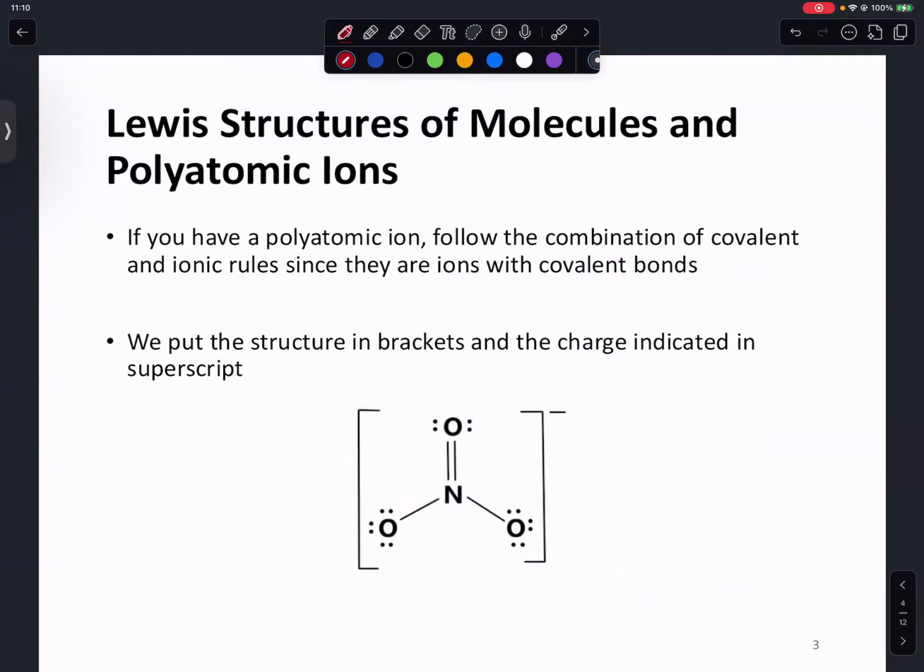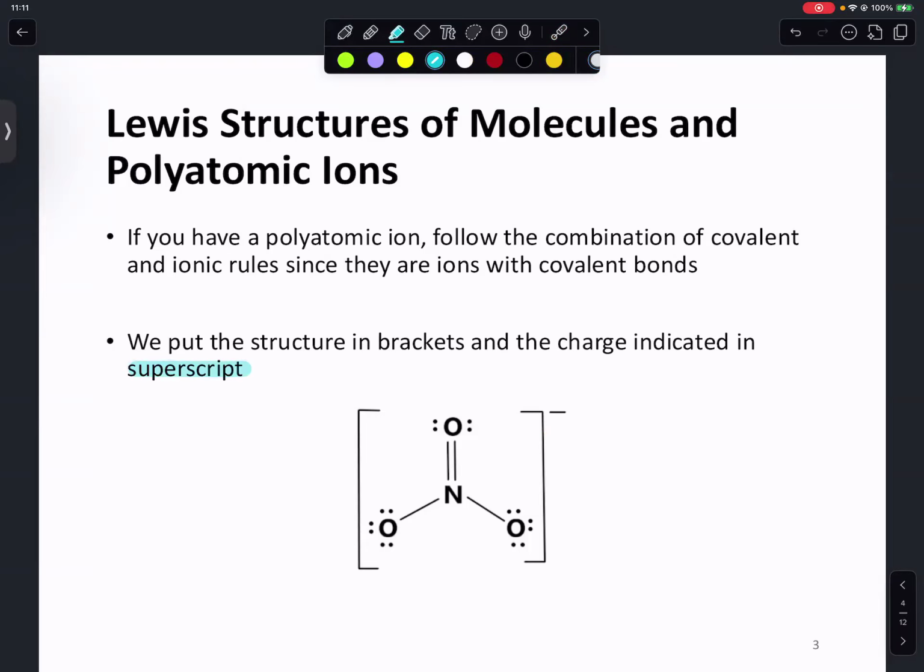Now, if you have a polyatomic ion, how can we draw it? Remember, a polyatomic ion consists of atoms bonded together via covalent bonds, and the whole polyatomic ion has a charge. So we're going to use the rules for drawing a Lewis structure as we would with any covalent compound, and then we put the structure between brackets and assign the charge as a superscript, as indicated here.